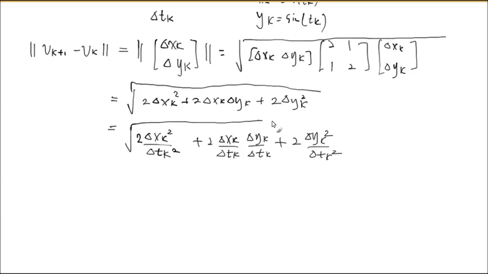You stick it in the denominator, so you have to cancel it outside with the delta tk there, right? So they cancel out and remain the same quantity. Now this delta xk divided by delta tk, do you know what they do in calculus about this one?